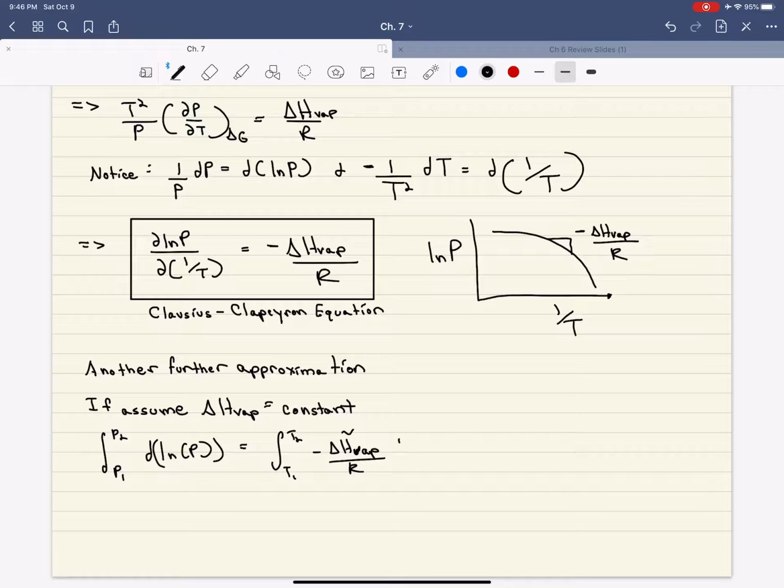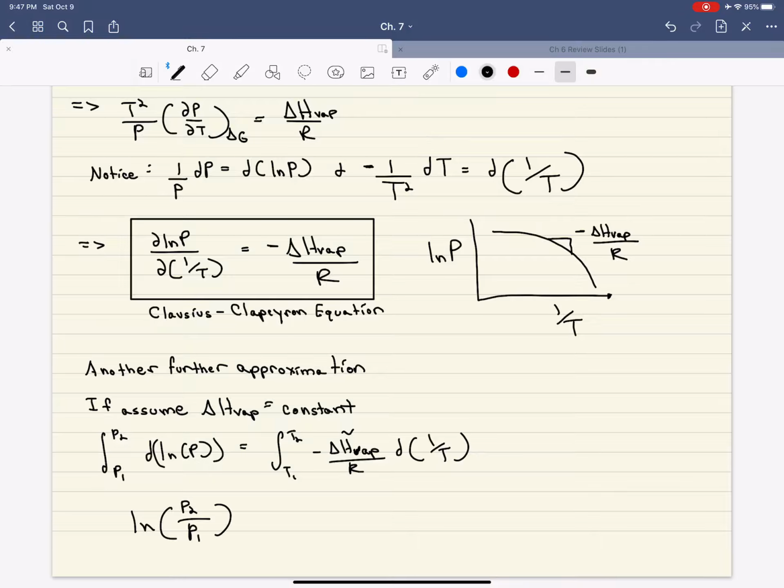R d 1 over T. Okay. And when they do that and integrate it out, they get this. Okay.